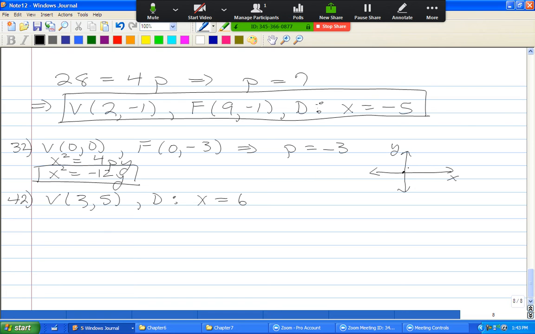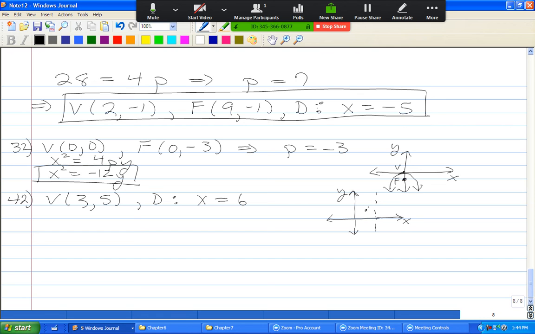Okay, so the vertex was at the origin, focus was at negative 3. So it means that it looks something like this. And so, yes, that's correct. Now let's do this guy. x equals 6 is my directrix, and at 3, 5 is my vertex.